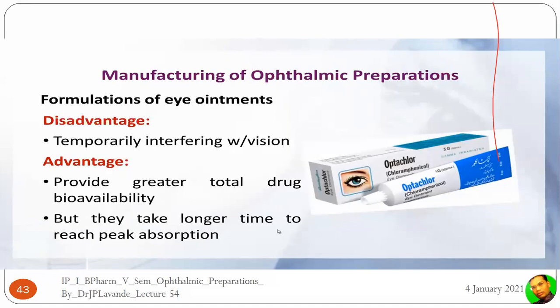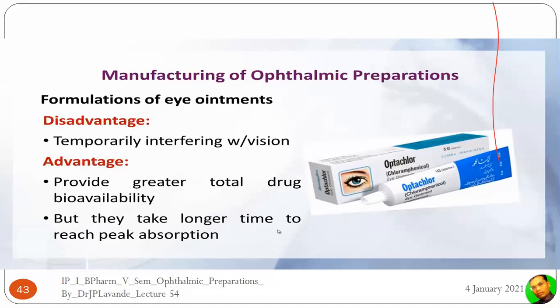So what are the advantages associated with the development of these eye ointments? They provide greater total drug bioavailability. As we move from solution, suspension, lotion, gel to the eye ointment, the consistency and the viscosity increase, which offers more prolonged contact time, which directly helps with more absorption and more bioavailability.